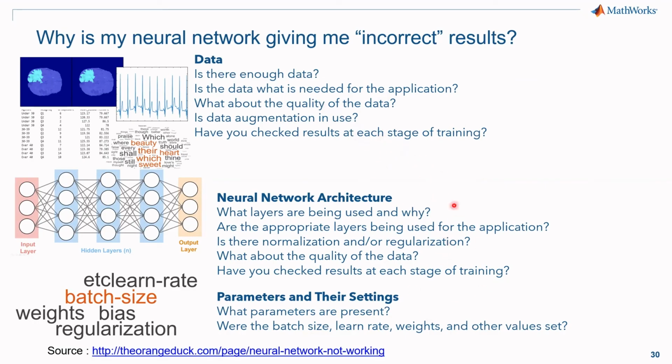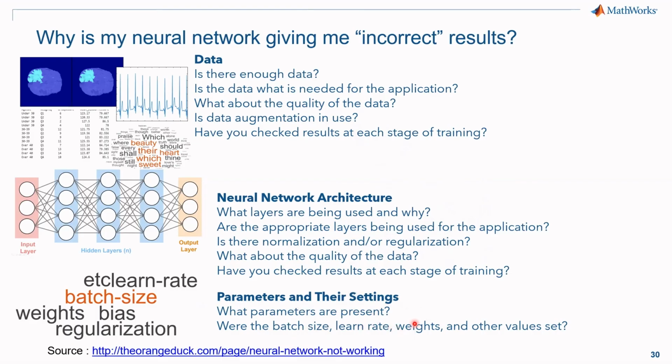Some questions to consider for your architecture are what layers are being used and why, if you've got a deeper understanding. Are you normalizing the data? Are you regularizing the net? What's the quality of the data? But typically your improvements are going to come with the parameters and their settings, in particular batch size and learning rate.